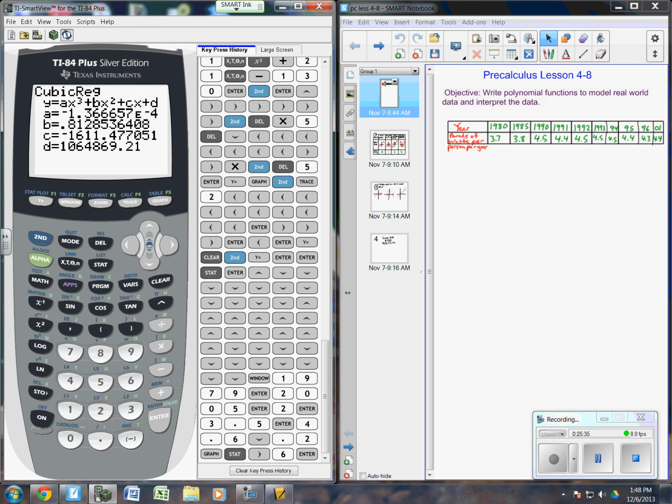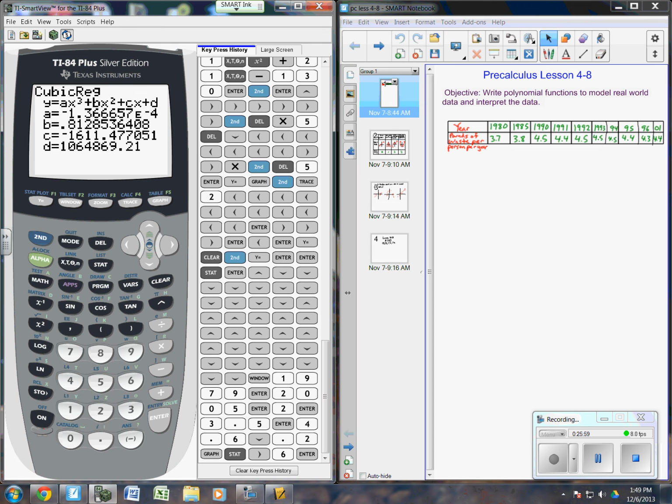Fix that error right there. There you go. Okay, so you're going to go stat, calc, 6. You're going to go clear down to there and calculate, hit enter. And there it is, okay?